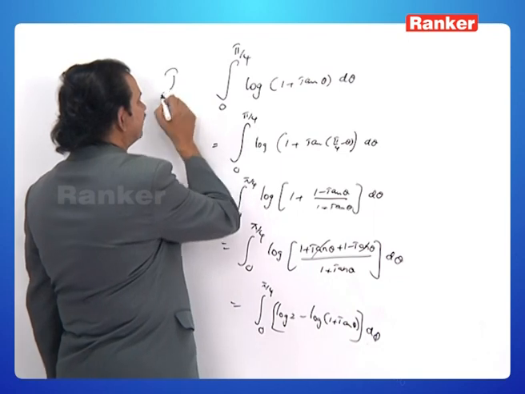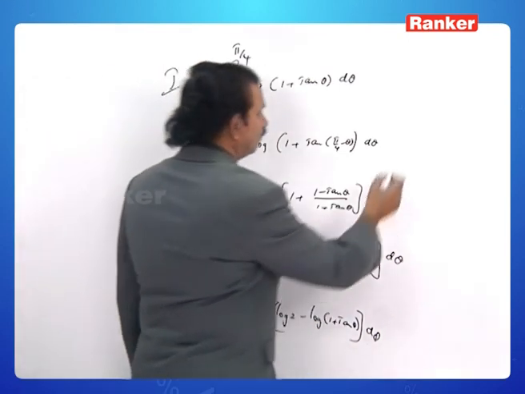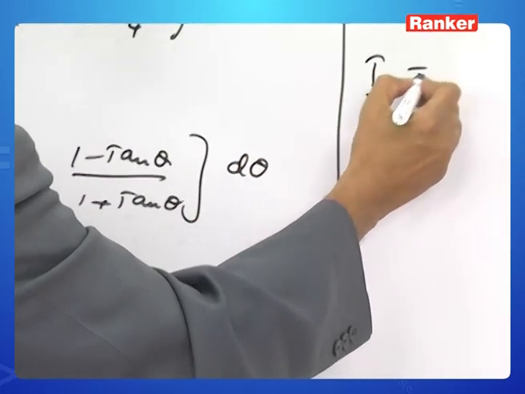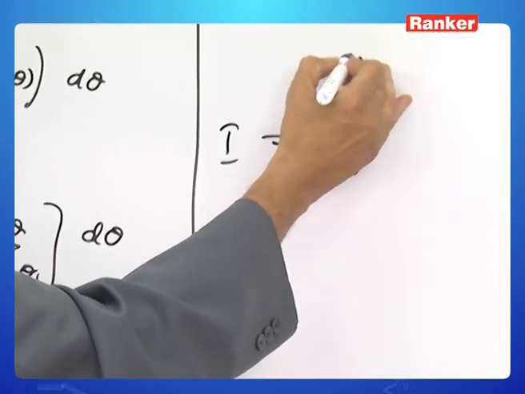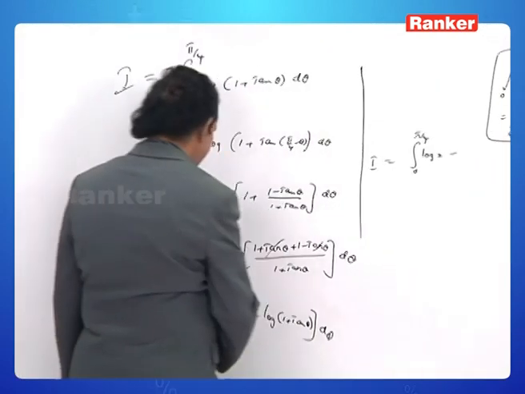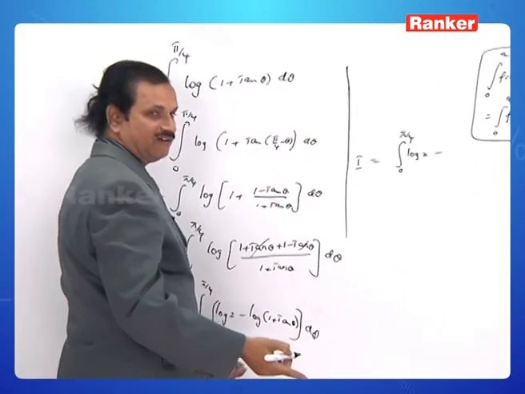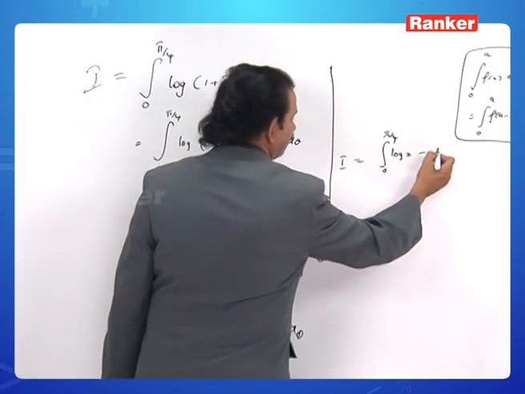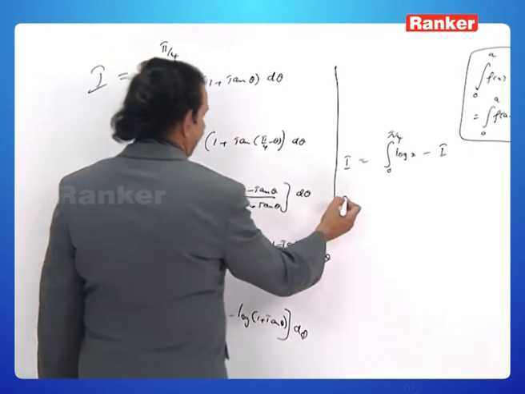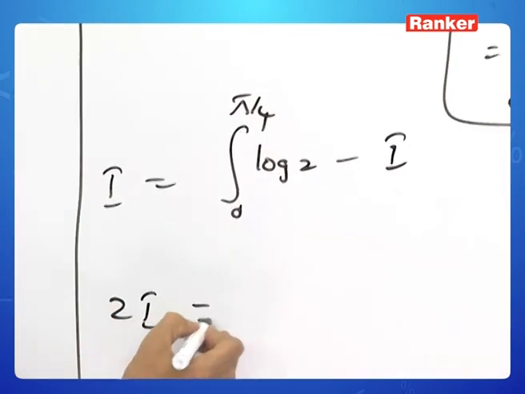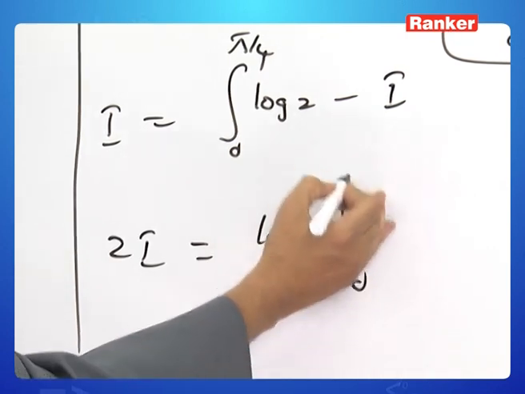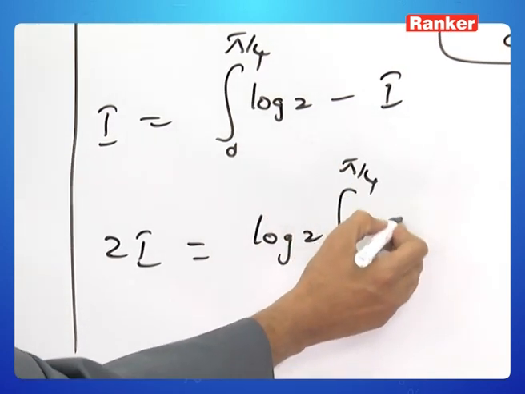Let me name this as I, so that I is equal to integral 0 to pi by 4 log 2 minus integral 0 to pi by 4 log of 1 plus tan theta, again the given problem. Bring that I this side, so that 2I is equal to log 2 into integral 0 to pi by 4 of 1 d theta.